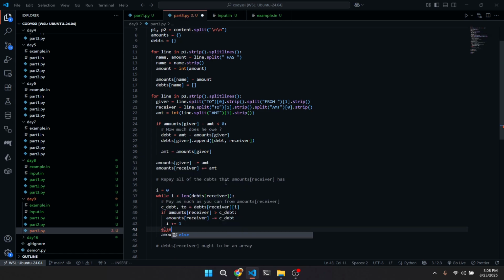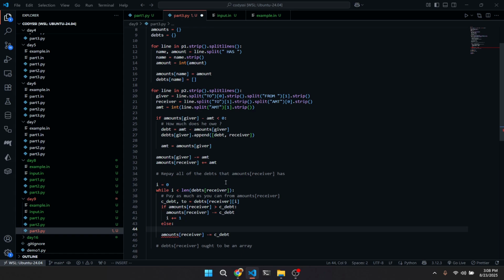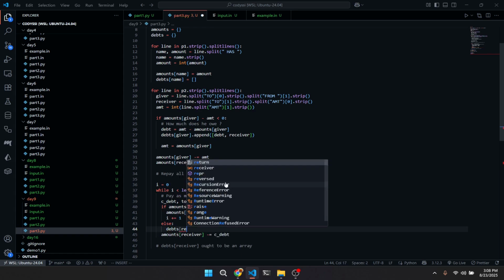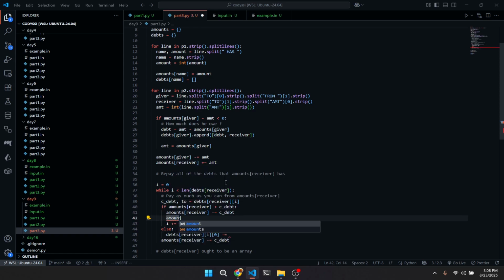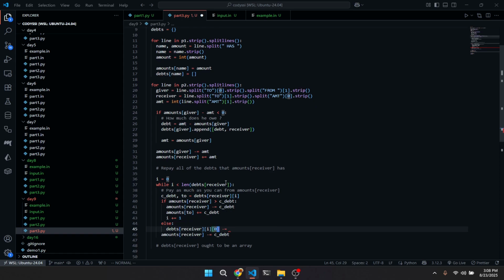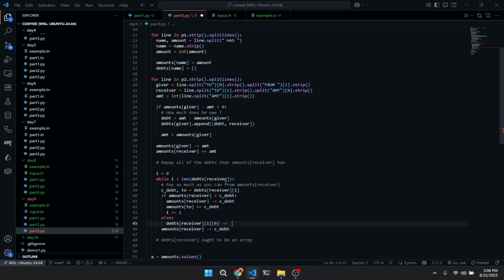But if I can't pay all of it, then I'll just try to pay as much as I can from this one. So essentially I pay all of his debt and he receives that money, and then I go to the next one. Otherwise I just pay essentially as much as I can. So as much as I can means the debt.